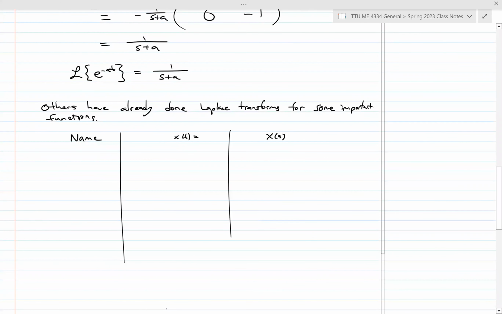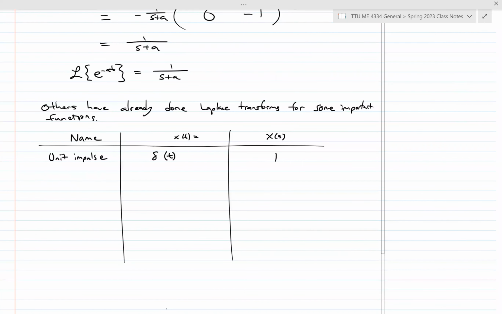So we'll start off with our impulse, or I'll say specifically our unit impulse. Unit impulse is represented by the fancy d as a function of time, the Dirac delta function, right? And Laplace transform of that is literally just the number 1, right?